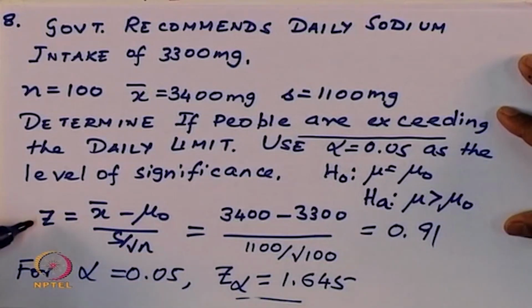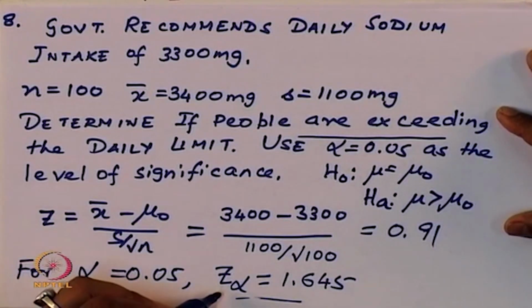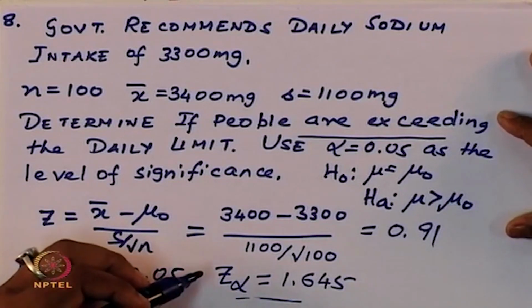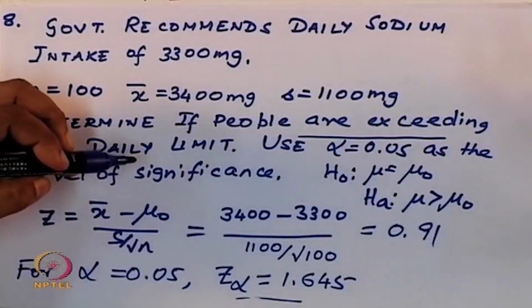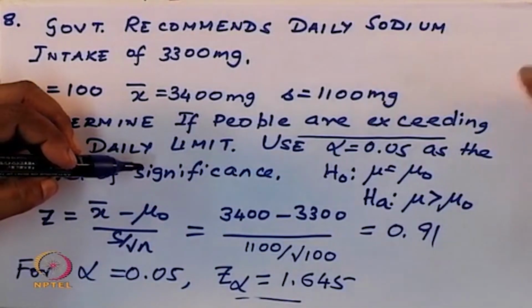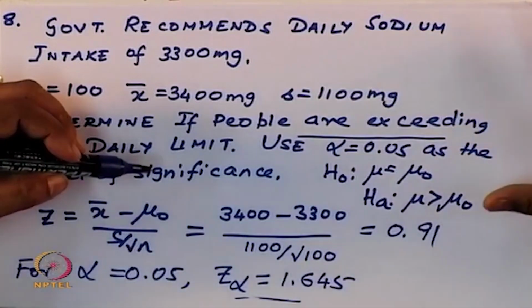Since the value of the test statistic is less than Z alpha, which is 1.645, I can say that this is not statistically significant. One cannot clearly say whether it has increased or not. I can also calculate the p value for this case.